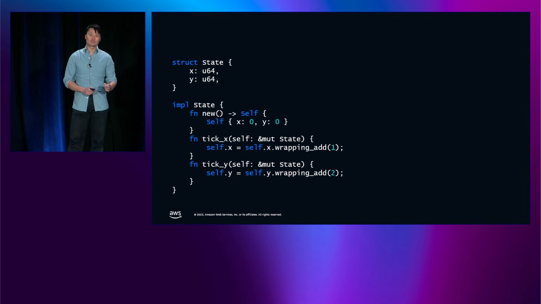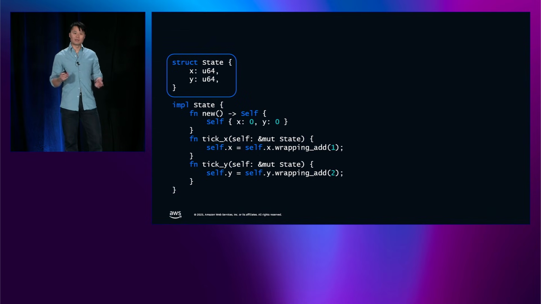It defines a struct State with two u64 components, x and y, with an initializer and two methods, tick_x and tick_y, that increment their respective fields.